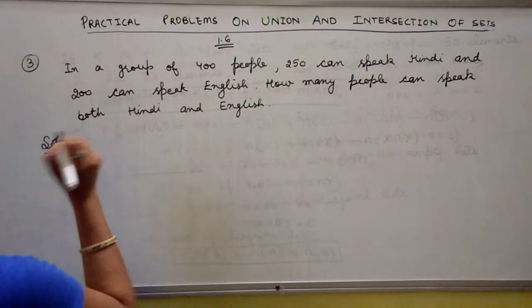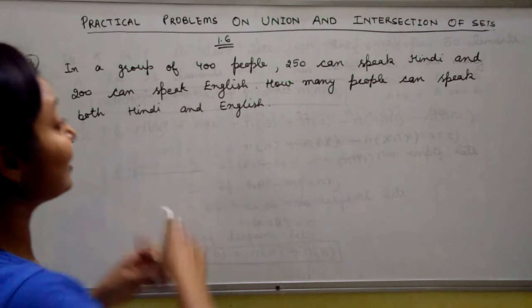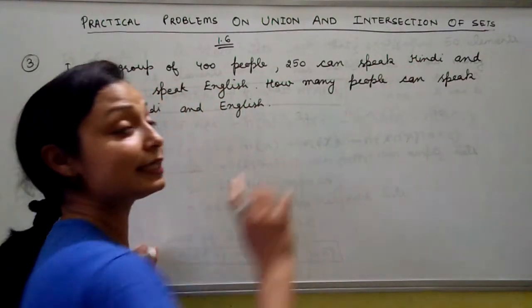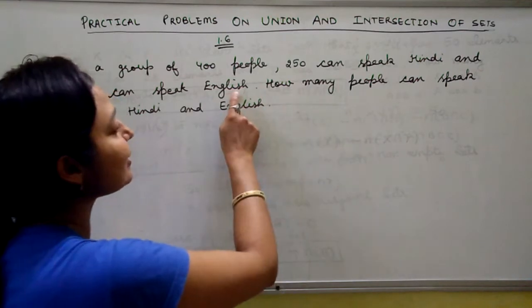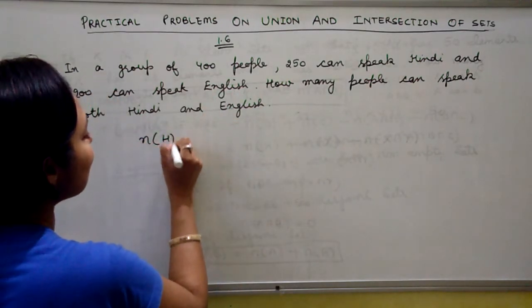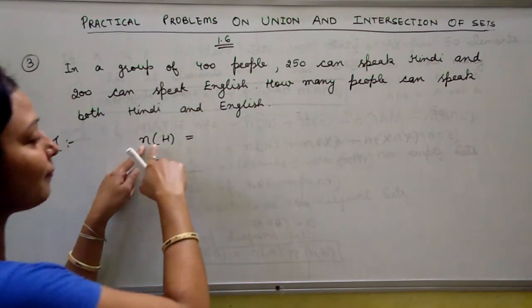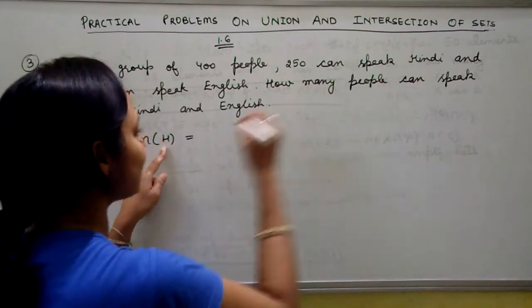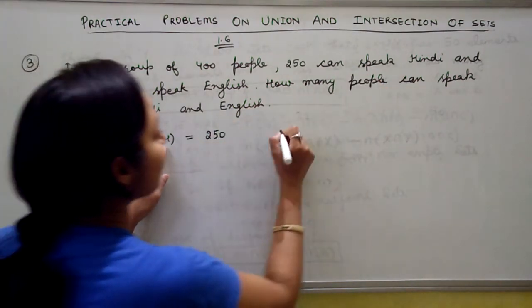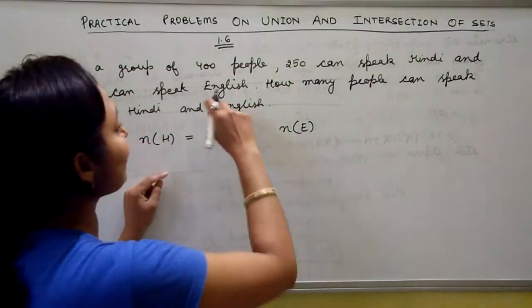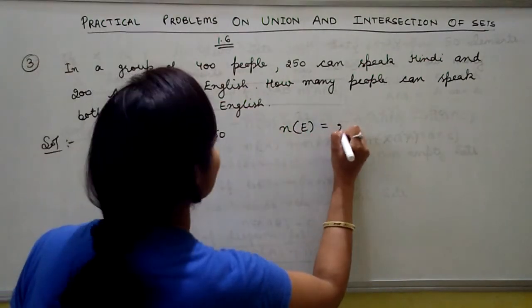Solution. When I start the solution: in a group of 400 people, let us suppose for Hindi I take H and for English I take E. Number of people who can speak Hindi is 250. Number of people who speak English is 200.